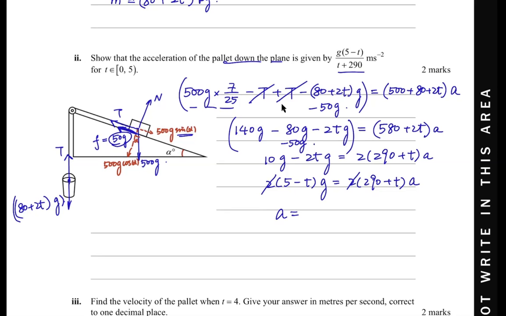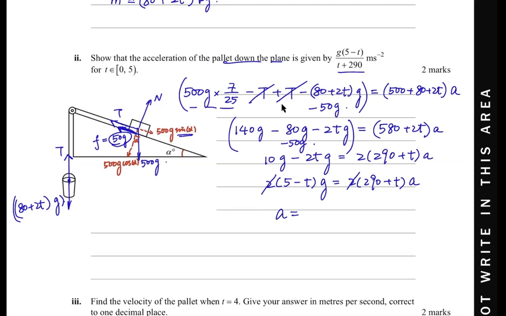As required. Don't forget you still have a 50G acting upwards. That's why you need to subtract 50G because your final direction is downwards the plane, okay? For this guy here, it's traveling upwards.